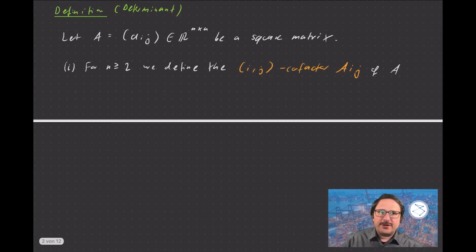And this cofactor is simply going to be the matrix that we obtain from A by deleting the ith row and the jth column. So we reduce the matrix by one row and by one column, and we denote the index of that row and of that column by i and j respectively. And the resulting n-1 by n-1 matrix is then called the Ij cofactor.